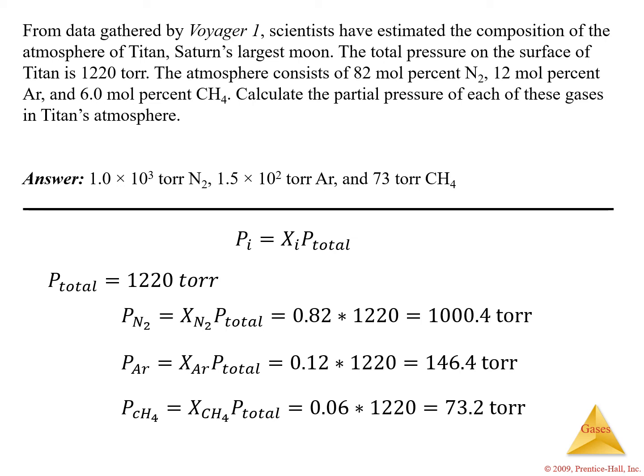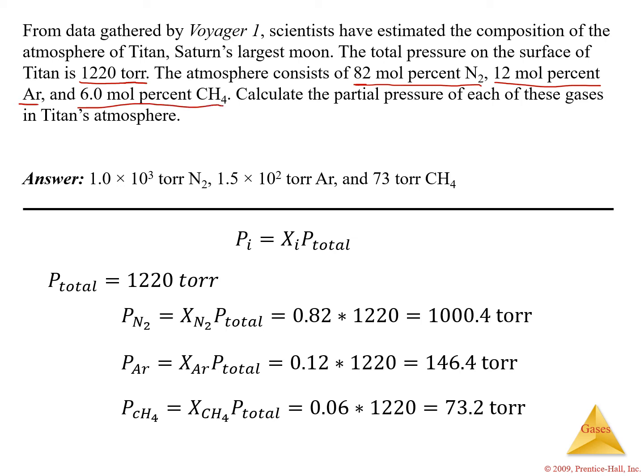And here we have the total pressure of the surface of Titan, which is 1220 torr in units of torr, and then this atmosphere of that moon, on Saturn's moon, is made of 82 mole percent of nitrogen, 12 mole percent of argon, 6 mole percent of methane.